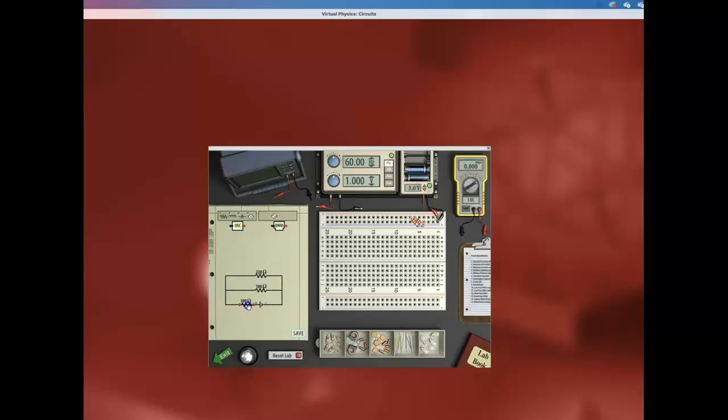Okay, we need to have just a resistor. Okay, let's see here. Because we will not be able to measure the current due to the software limitations.